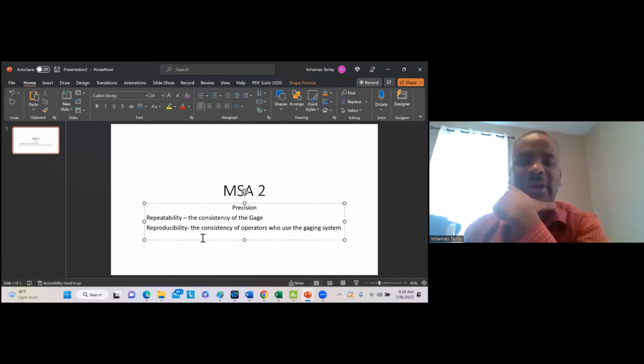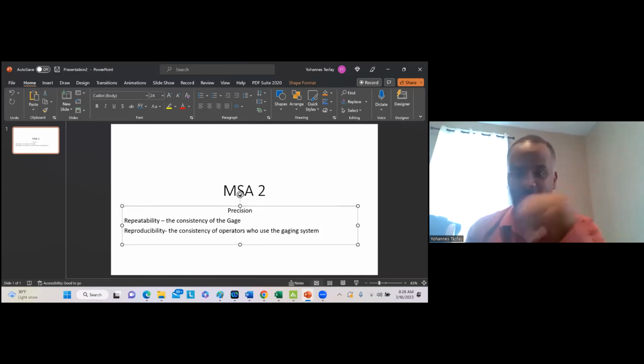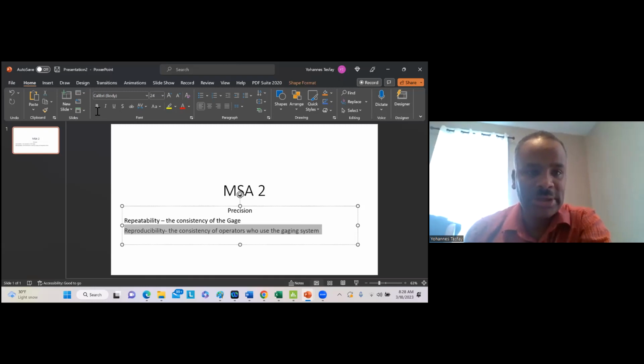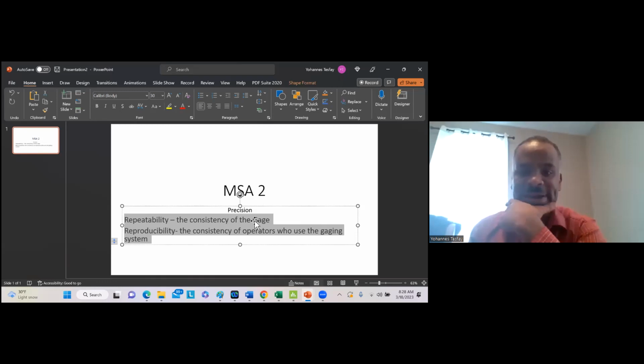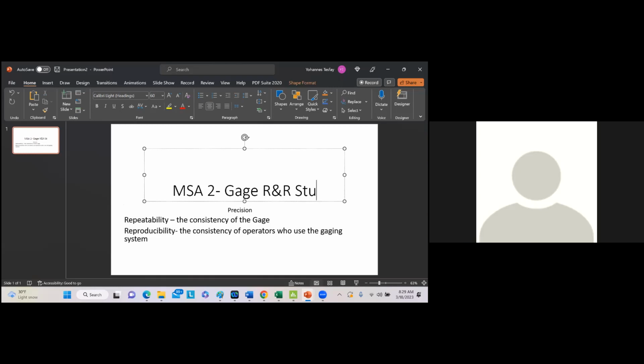That is what we're going to deal with. Most industrial problems are solved using this knowledge. MSA2 is all about gauge R and R studies.